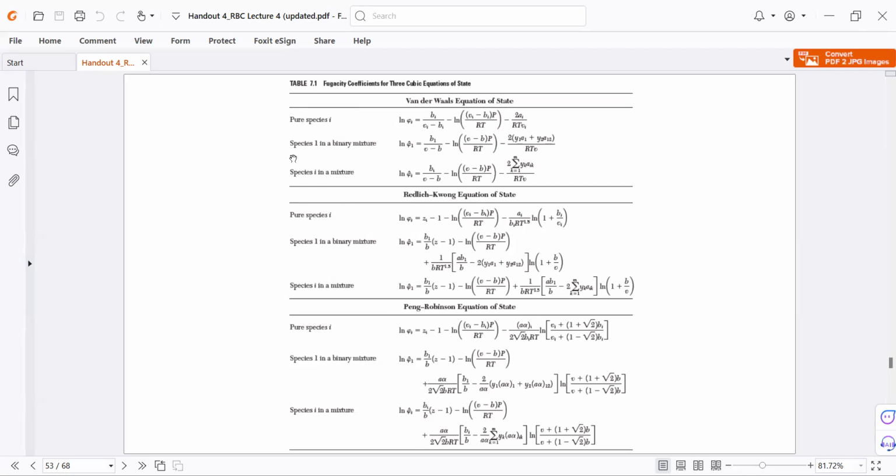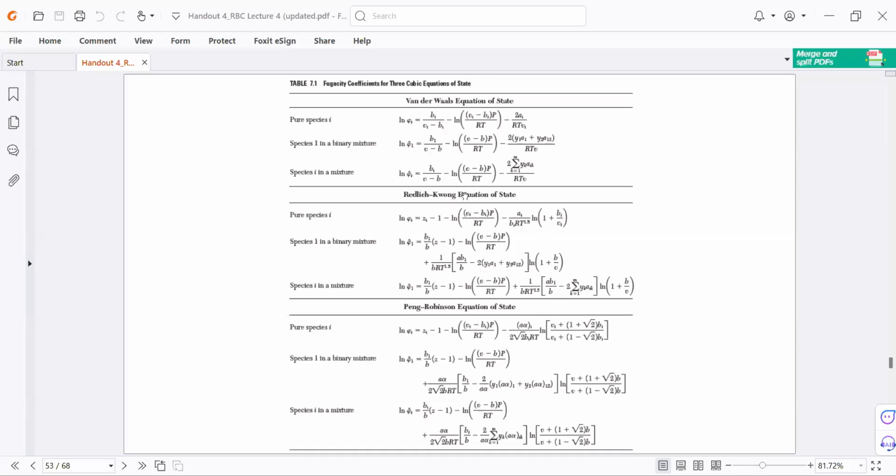And then the fugacity coefficient for species 1 in a binary mixture is also shown here. It was derived separately. Okay, and also species i in a mixture. So this one is the generalized equation for species i in a mixture. Okay?